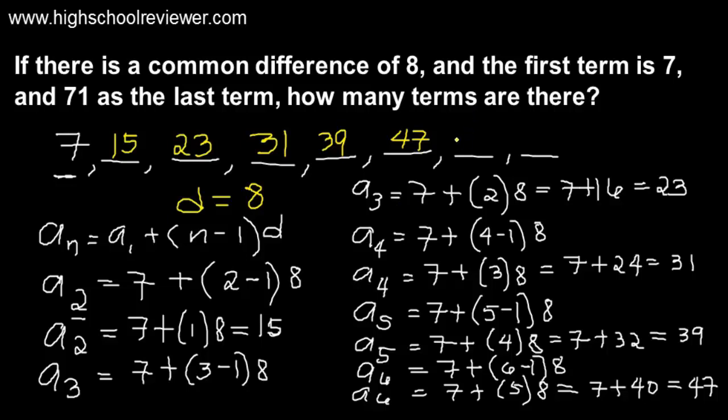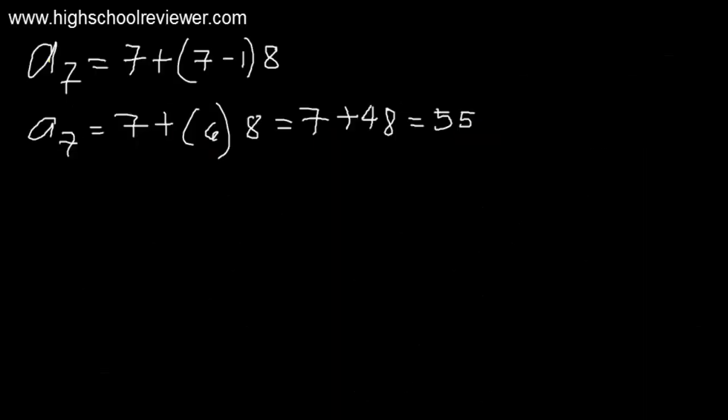This is positive 55. So we are now going to find the next term, a sub 8. Again, our a sub 1 is 7 plus our n here will be 8 minus 1 multiplied by 8.